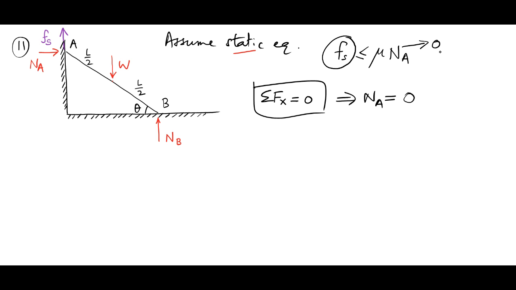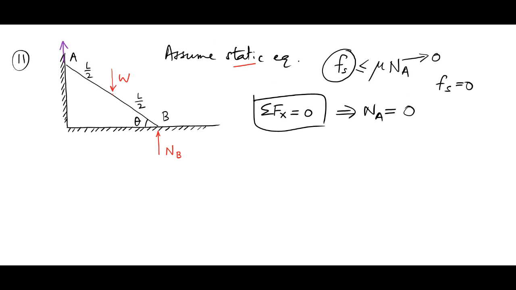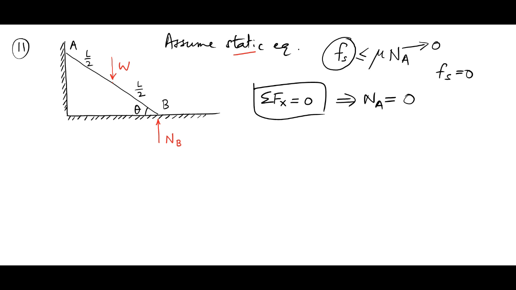Na is 0, and when the magnitude is less than or equal to 0, there's only one possibility: Fs is equal to 0. So in the FBD, I'll rub out two forces, Na because it's equal to 0, and Fs also has to go, it's equal to 0. So that's how the FBD gets modified.